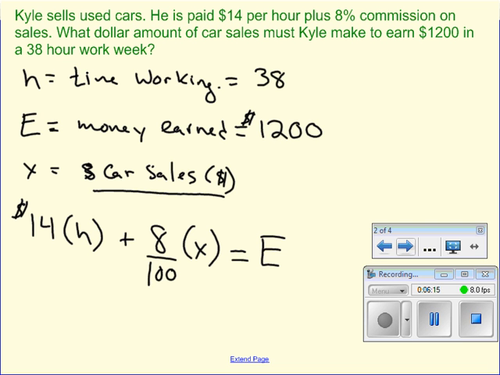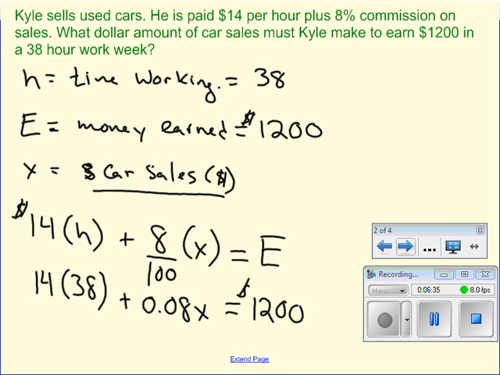Well, for H, you can just sub in 14 times 38. 8 over 100, I can probably keep that, or I can turn that into a decimal, in this case 0.08x. And I know that I'm looking for when he's going to earn $1,200.